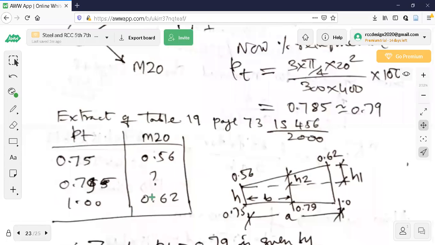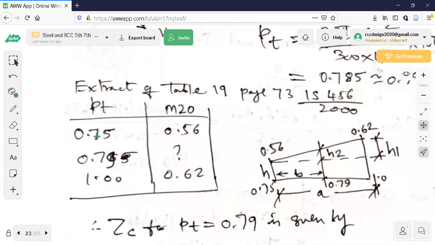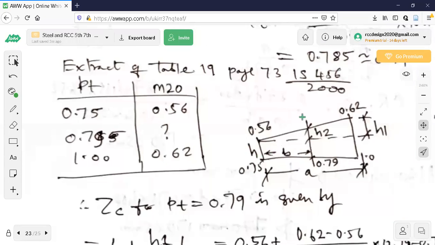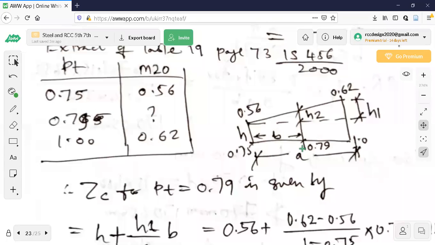Now I will go back to table 19. I already told you how to find it. In table 19, for PT 0.75, M20, 0.56 is there. For 1%, 0.62 is given as the tau c value. So for 0.79, what is the value of tau c? I told you, you interpolate it. Interpolation diagram I have shown for you to refer.